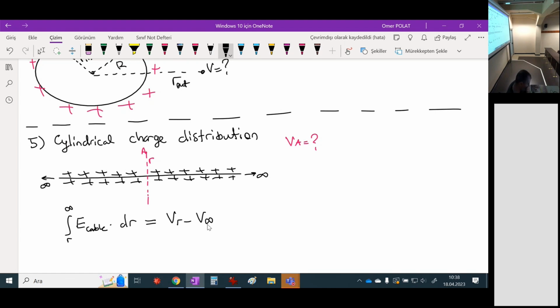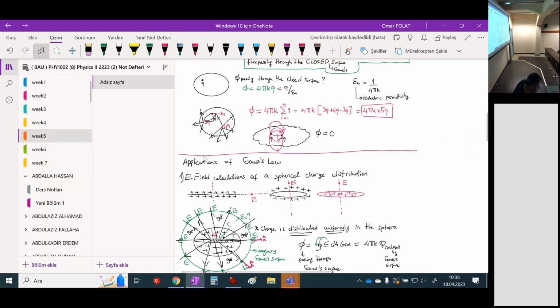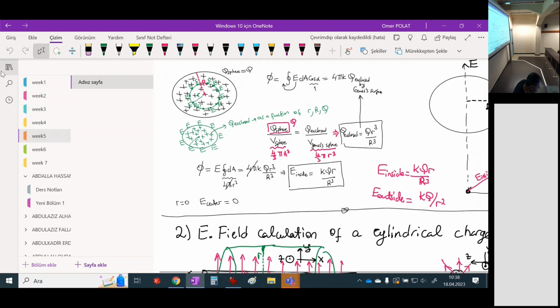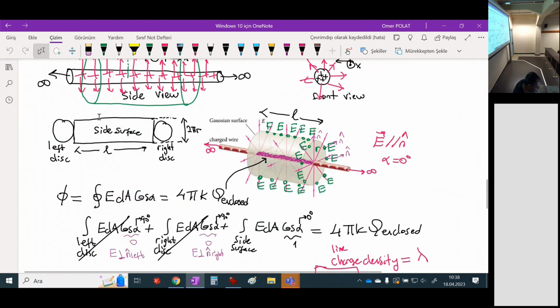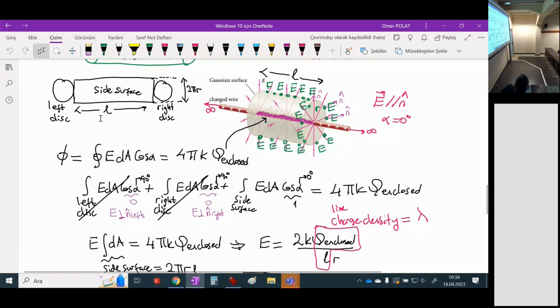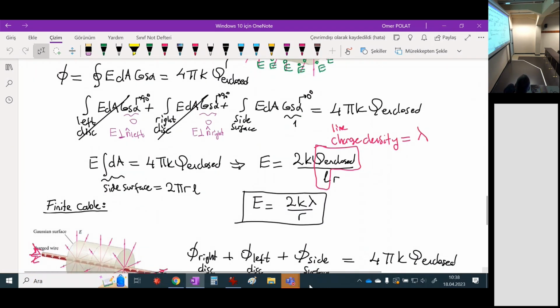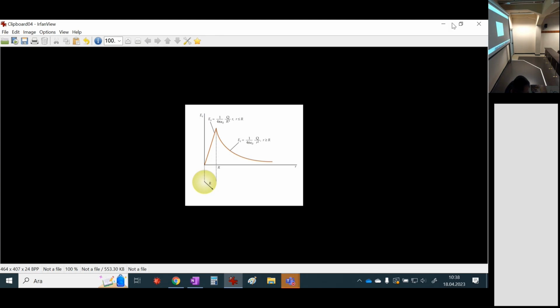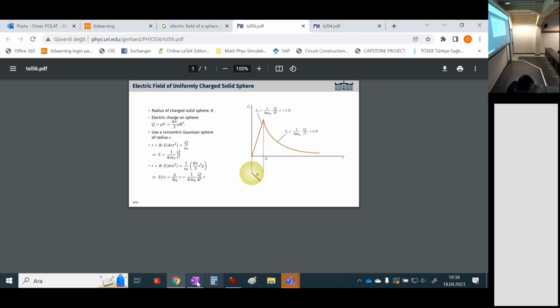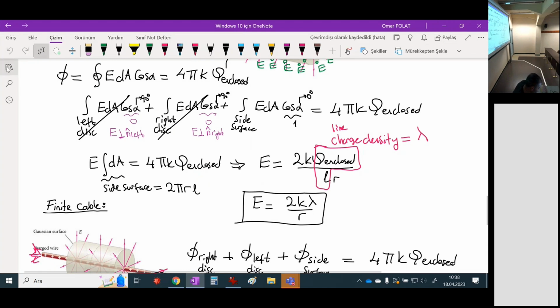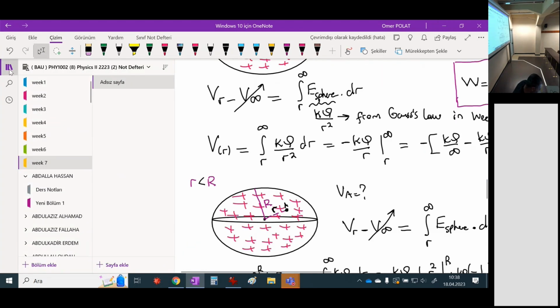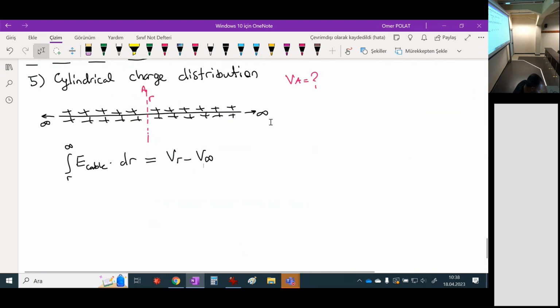Now, the cable's electric field. So I will go back to week 5. I directly find its electric field from my lecture notes. We have already done this calculation, you remember, and finally we get this solution: electric field of the cable, 2K lambda over R. In week 5, we can use it.